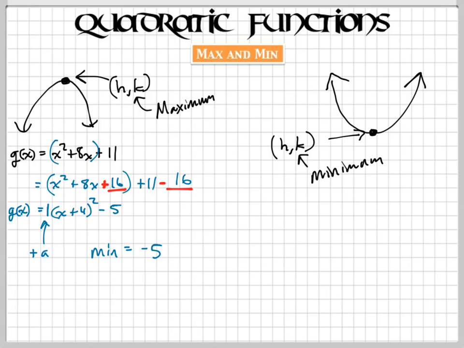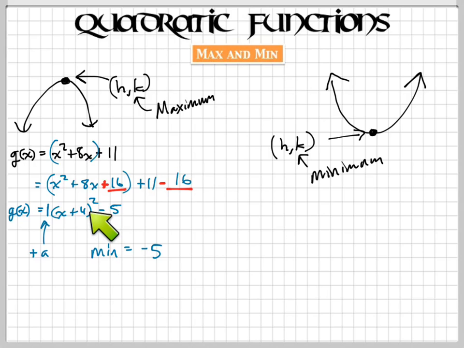Now, I've learned it to where the minimum is only referring to the y. But sometimes the problem is referring to the whole point, and so you just write the whole point for the minimum. It's not that big of a deal. So, is there a way to find -5 without having to change it into vertex form?